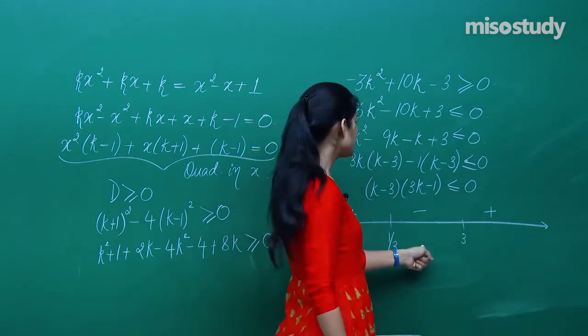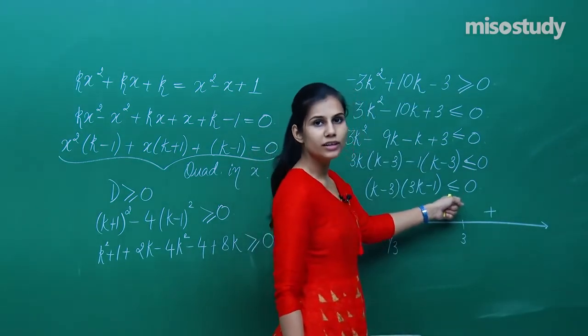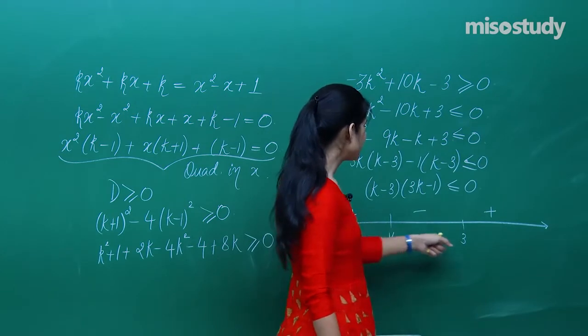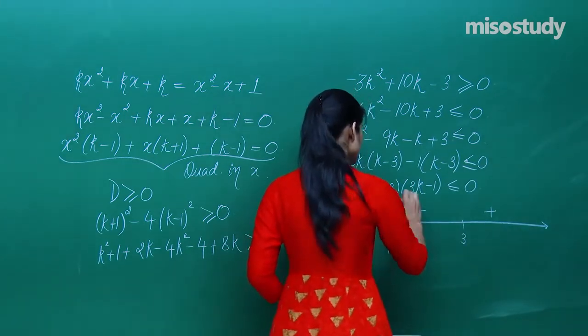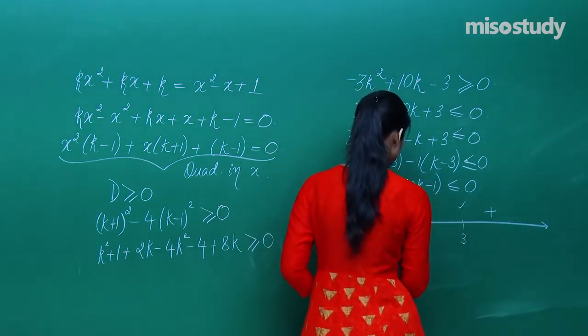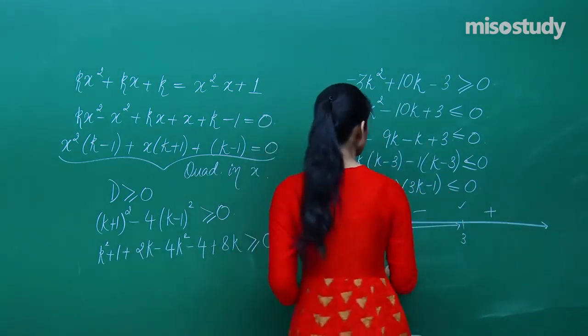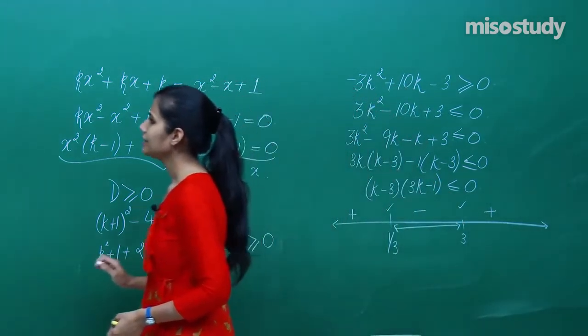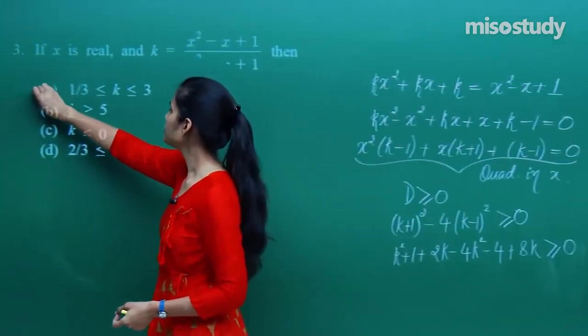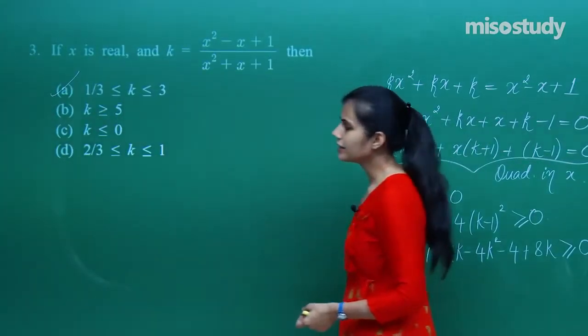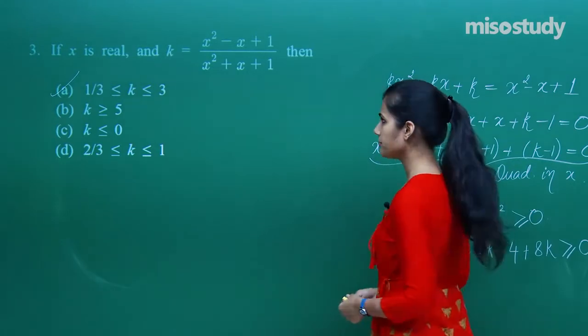I want those values of k for which it is less than 0 or equal to 0. So at 1 by 3 and at 3 it will be equal to 0, and in this particular range it will be less than 0. So k should belong to 1 by 3 to 3 closed interval. K should be greater than or equal to 1 by 3 and less than or equal to 3.